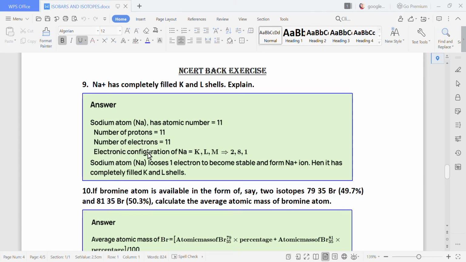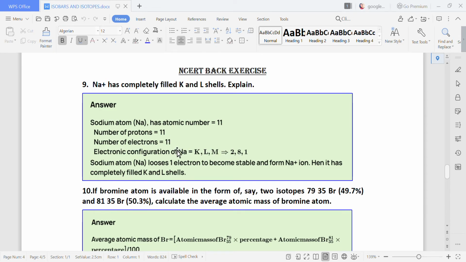What do you mean by electronic configuration? I have already explained, but again in this video I'll tell you that electronic configuration means to write down the total number of electrons into their respective shells. When we distribute the total number of electrons into their respective shells, it is called electronic configuration.